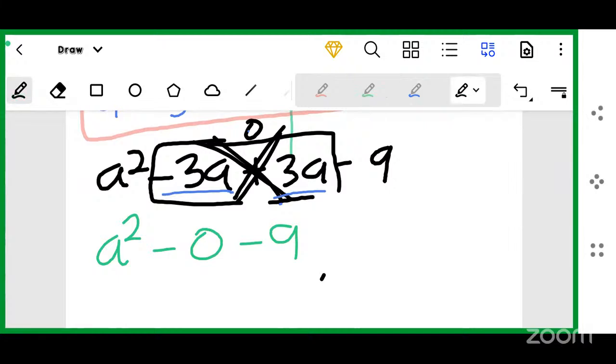I said 0 and 9 are like terms because they fall under the category of numbers. What are your numbers? You have 0, 1, 2, 3, 4, 5, 6, 7, 8, 9. So I said take a calculator and hit negative 0 minus 9. What is the answer there?